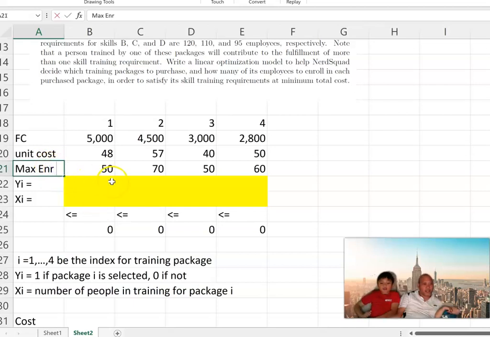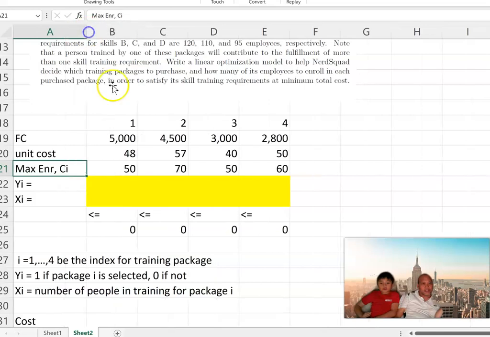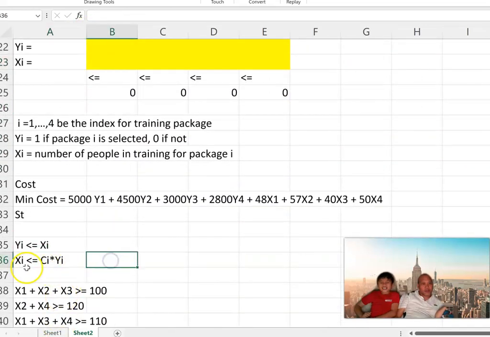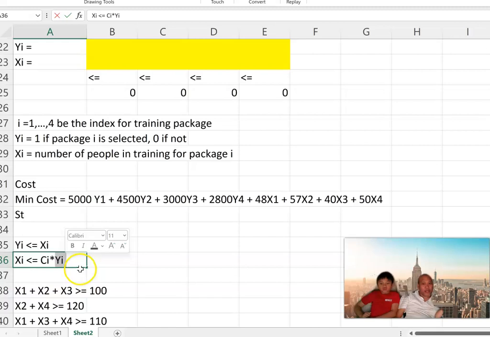I'm going to call this ci. So c1 is 50, c2 is 70, and so on. This says that when xi is a positive number, yi should be 1.